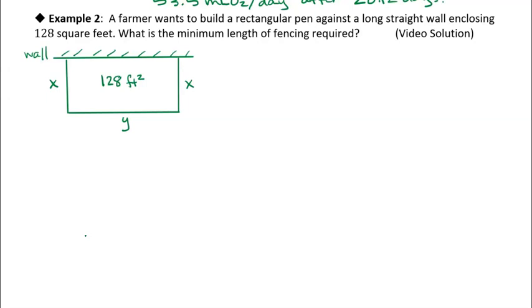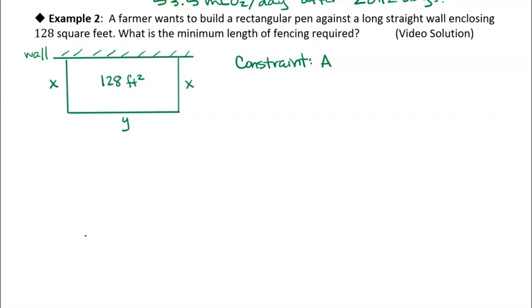I've assigned some variables so that I can work. Okay, we can do some math now. We have some variables. Now, there's a constraint on the area. This is the constraint. Let me write that down. Our constraint is on the area. We want the area to be 128 square feet.